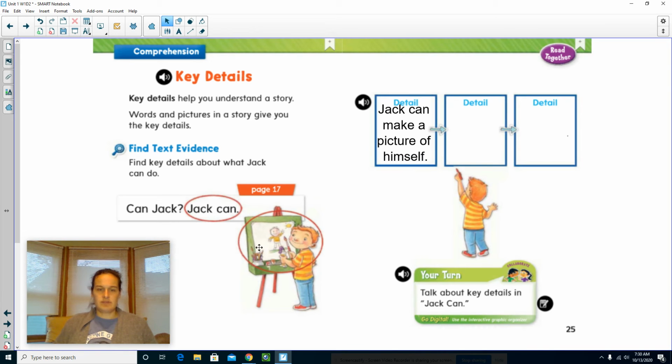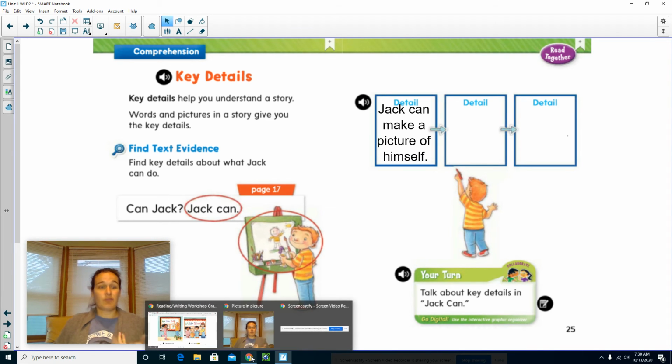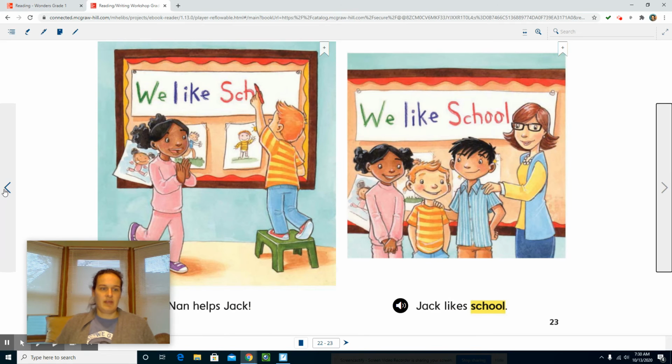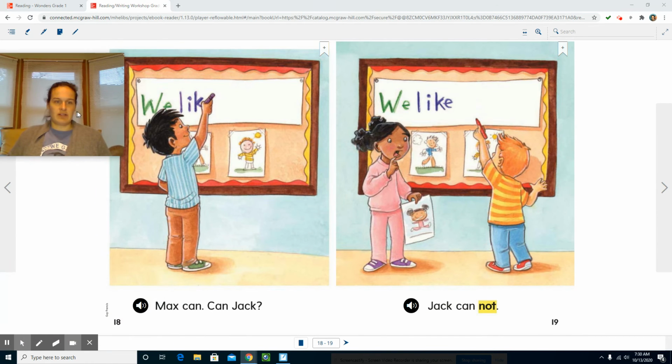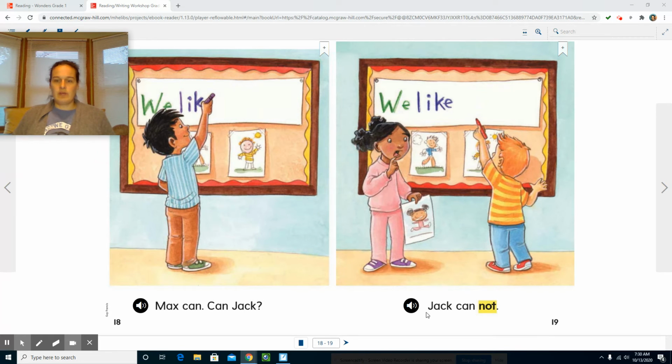So let's go back. So this was on page 17, and we want to go back and look for another key detail in the story. And we're going to be using our own words. So let's take a look here. We see that on this page, Max is able to do this, but Jack cannot. What can Jack not do?